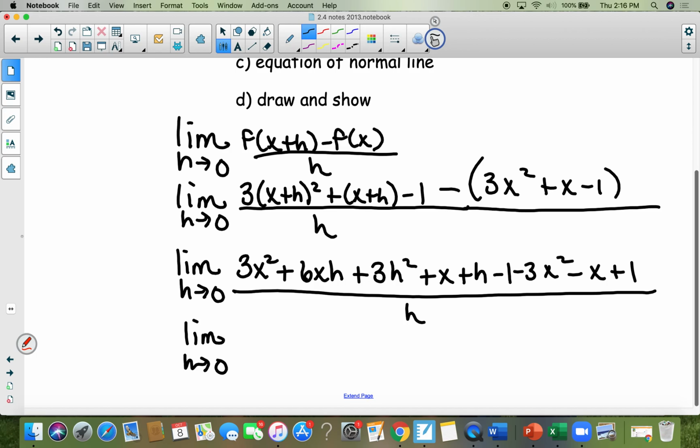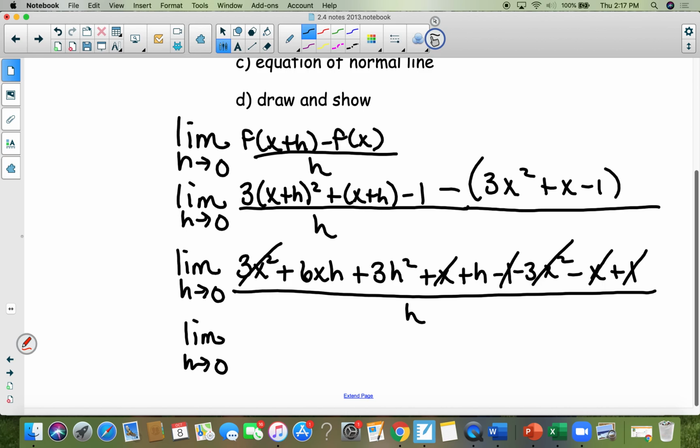You should be able to find the derivative of any function by doing f of x plus h minus f of x all over h, of any function that you studied in algebra. So the 3x squares are gone. The negative 1 and the positive 1 are gone. The x and the negative x are gone.